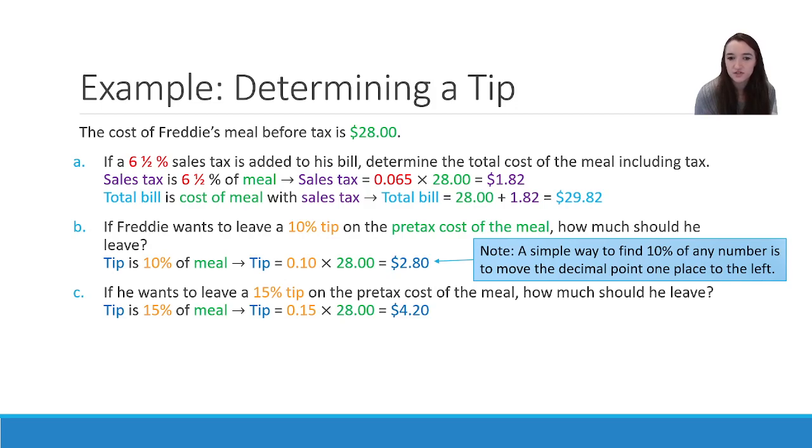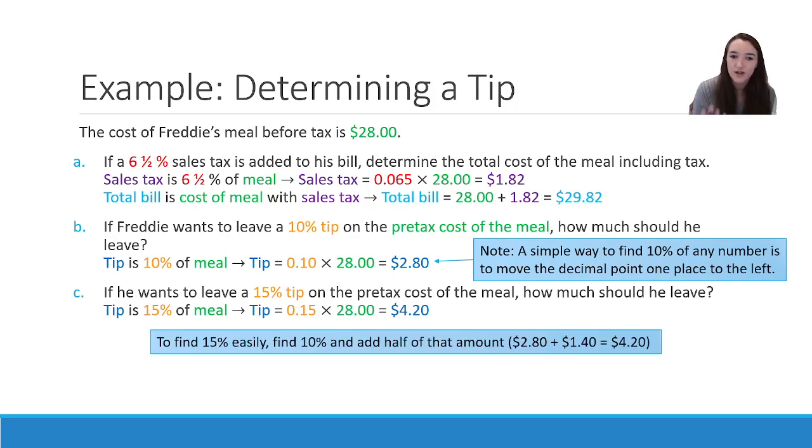Tip is 15% of meal. Tip equals 0.15 times $28, which is $4.20. But to find 15% easily, we'd find 10% and add half of that amount. So $2.80 plus half of $2.80, which is $1.40, that's $4.20. So that's one way you can calculate tip in your head.